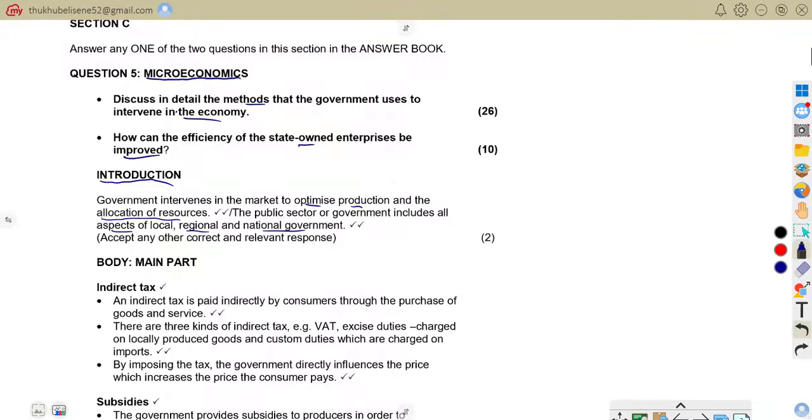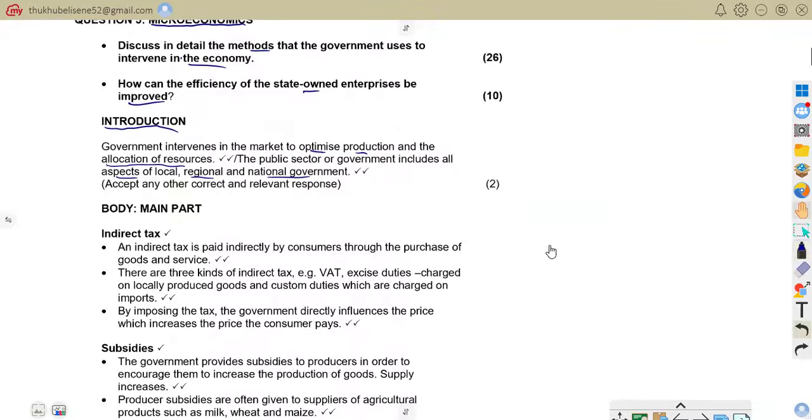Now let us come to our body, which we've said is what? The main part. Now we are going to talk about the indirect tax.